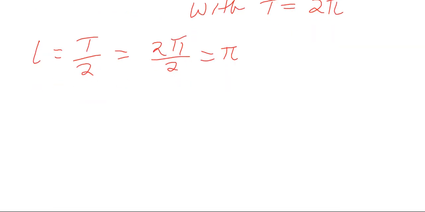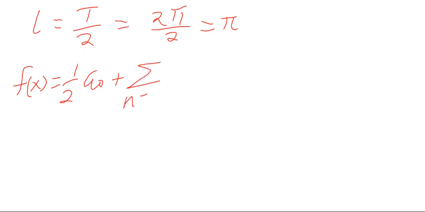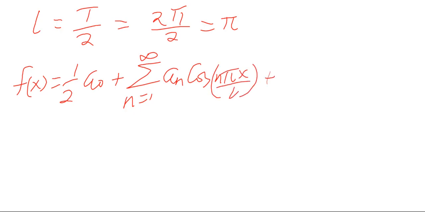And so when we are writing the Fourier series, remember the Fourier series f of x is equal to half a naught plus the sum from 1 to infinity of an cosine of n pi x all over L plus bn sine of n pi x all over L. Now see that L is equal to pi here.